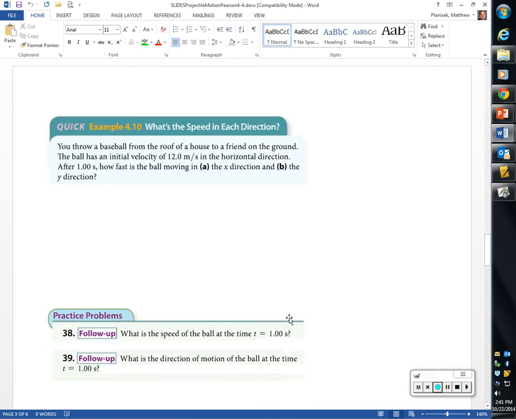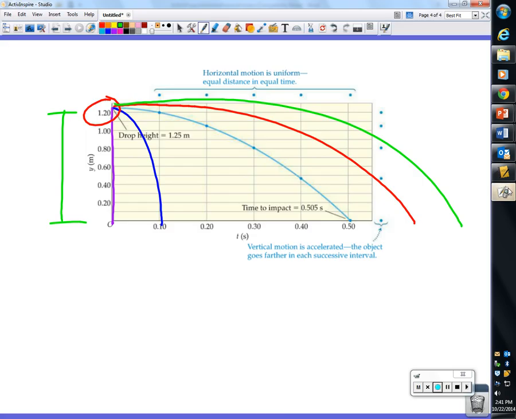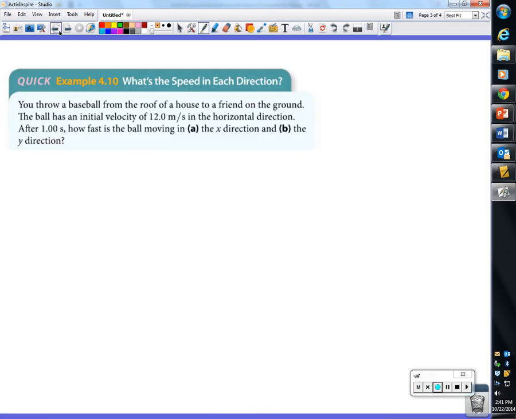On page 4 of your packet, you have quick example 4.10. What's the speed in each direction? It says, you throw a baseball from the roof of a house to a friend on the ground. First, a couple of public service announcements. One, it's dangerous up on the roof. Just be careful.